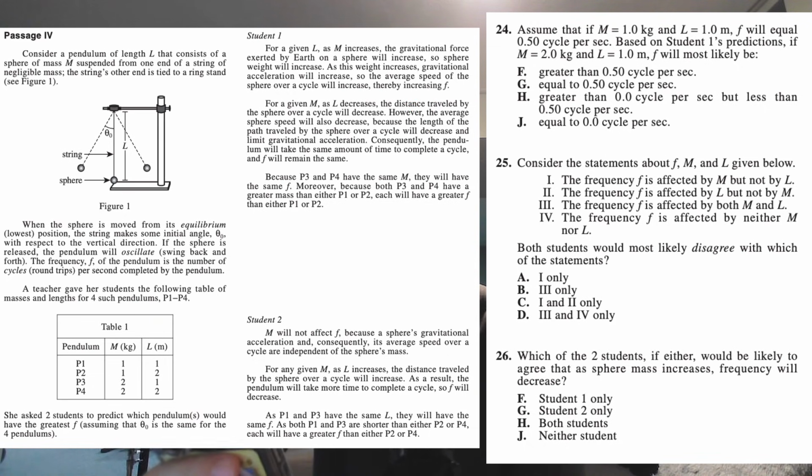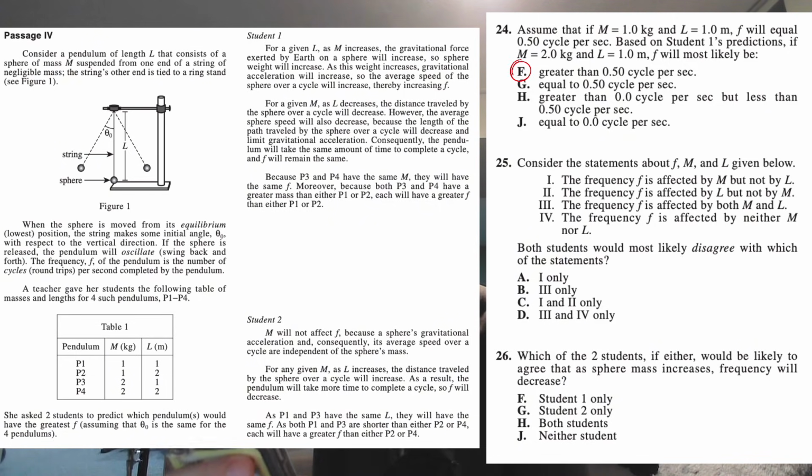And F is equal to 0.5 cycles per second. Since the mass is greater for the 2 kilogram ball, F will also increase, meaning that it will be greater than 0.5 cycles per second. So that's option choice F.